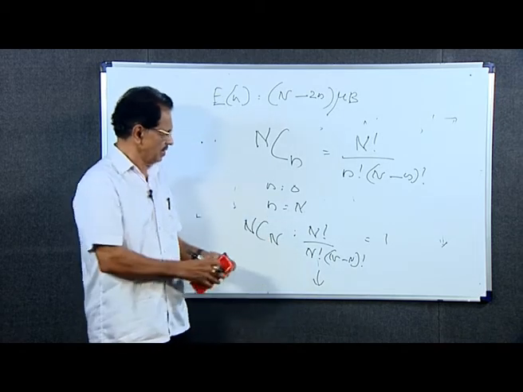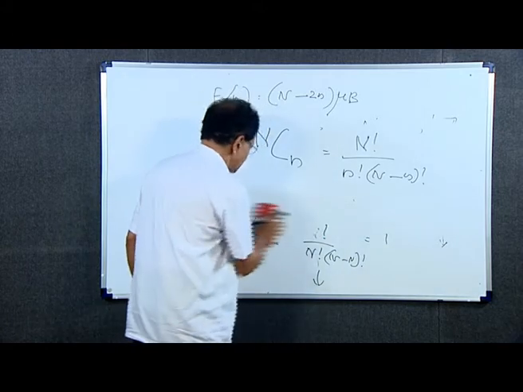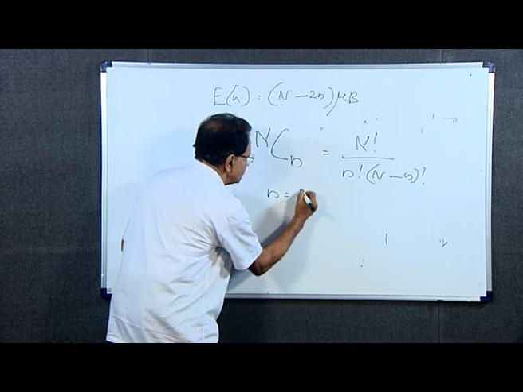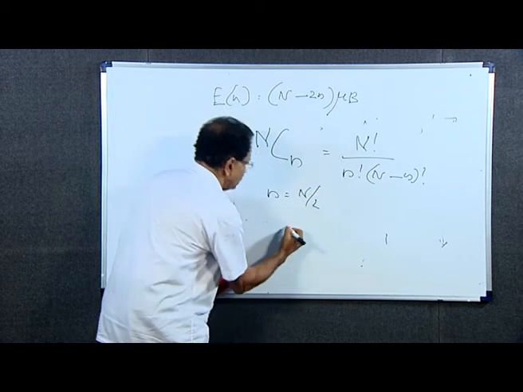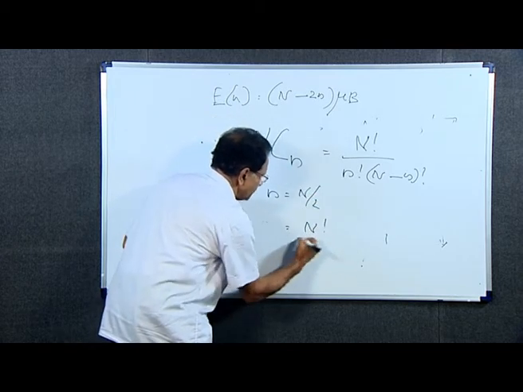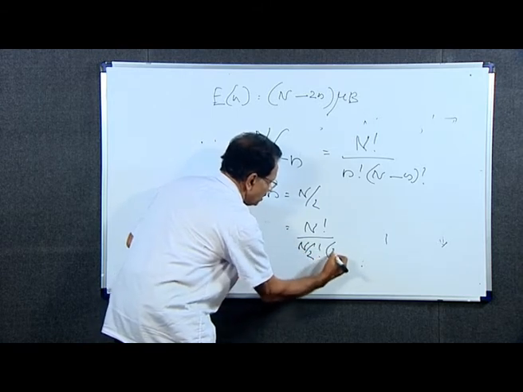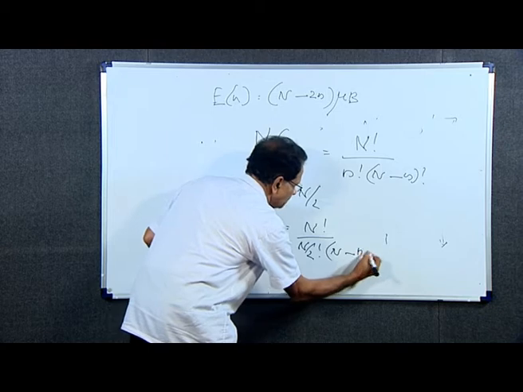In between, if small n is capital N by 2, it is N factorial over (N/2) factorial times (N minus N/2) factorial.